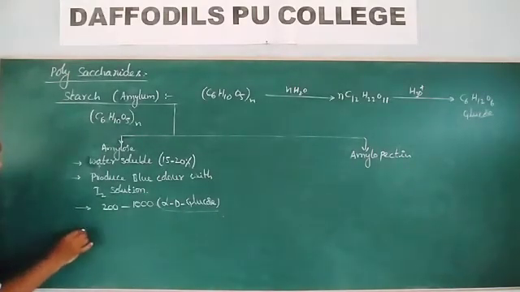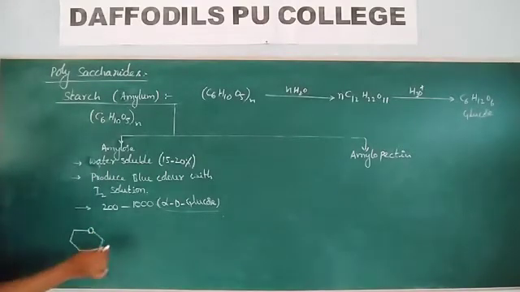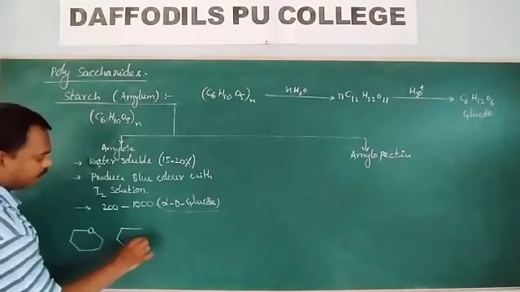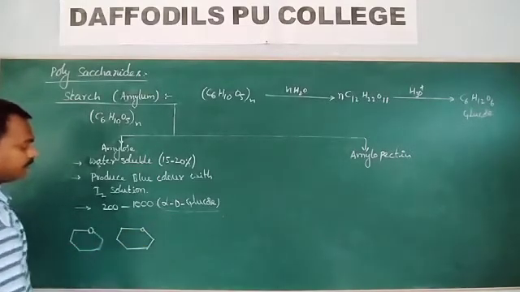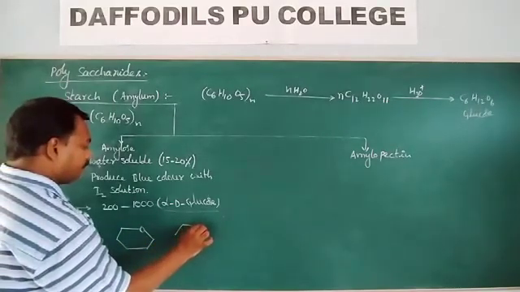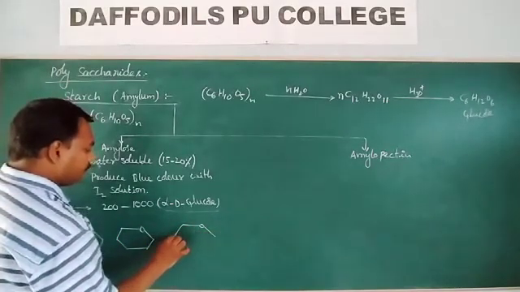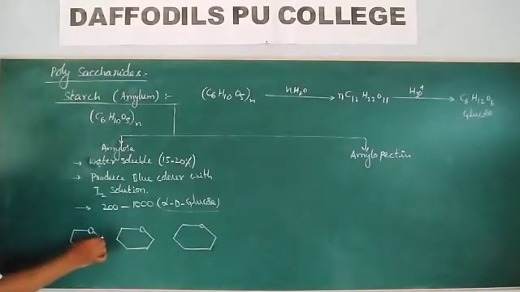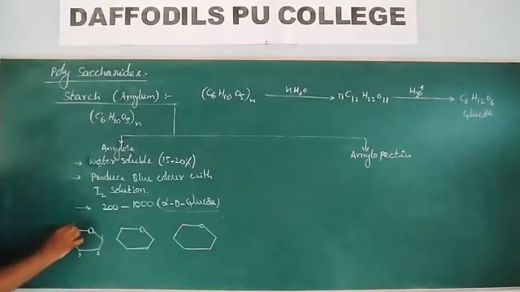So I am drawing the alpha D glucose units. This is the first carbon, second, third, fourth, fifth carbon, and here the sixth carbon is present.